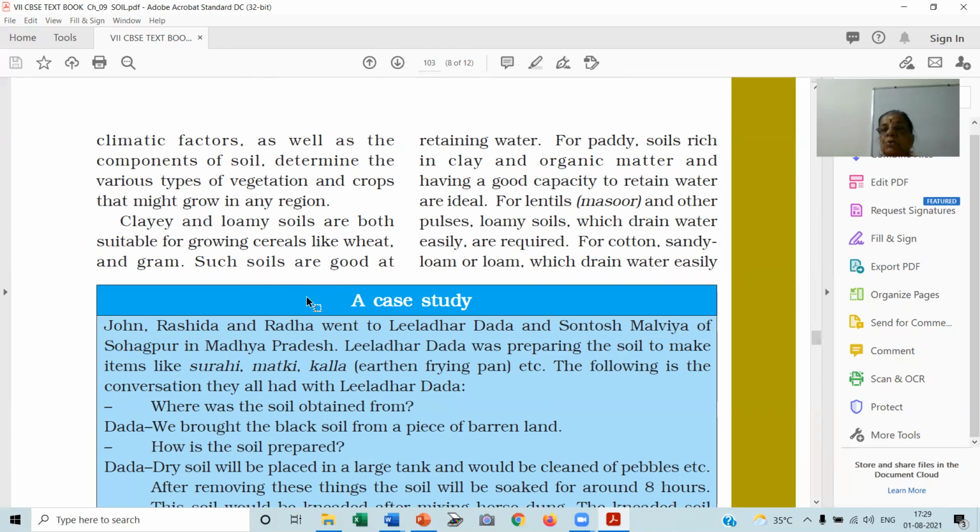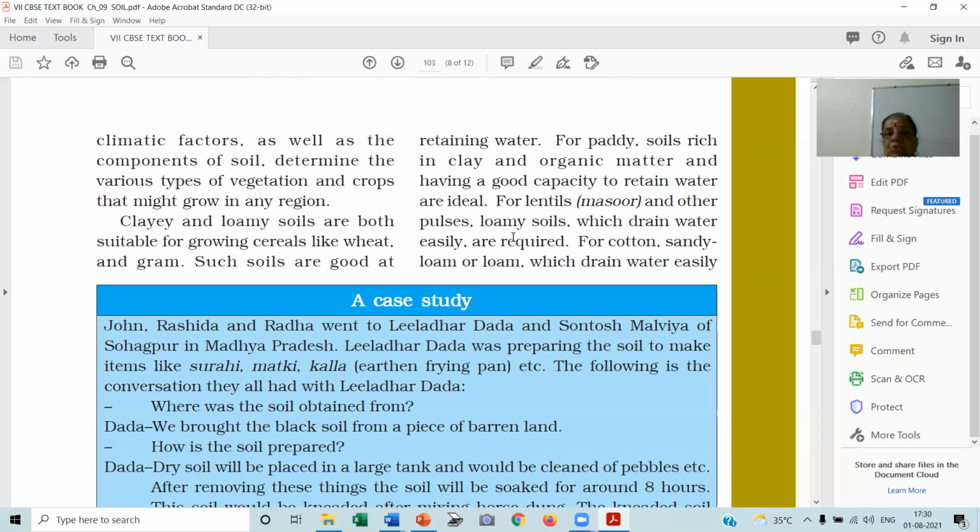Such soils are good at retaining water. For paddy, soil rich in clay and organic matter and having a good capacity to retain water are ideal. Mark it.